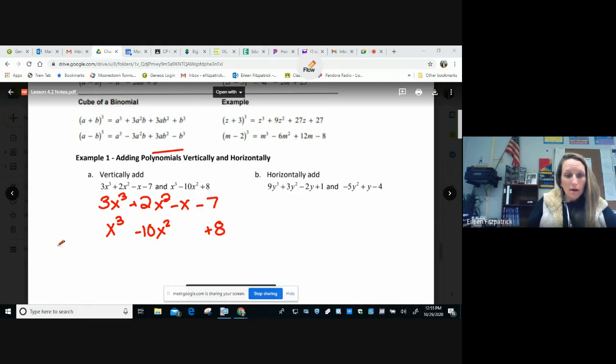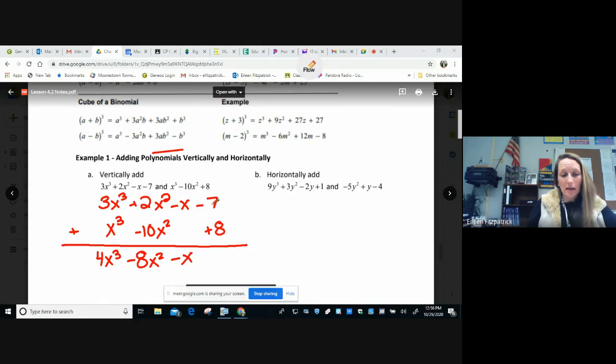Stack them up, lining up like terms, and then add vertically. So you have 4x cubed, a positive 2 plus a negative 10 is a negative 8x squared. Negative x with nothing to add to it stays negative x, and then negative 7 plus 8 is a positive 1. And that would be your answer there.